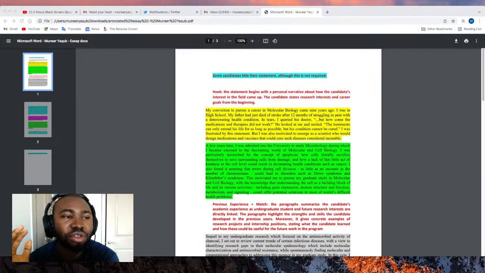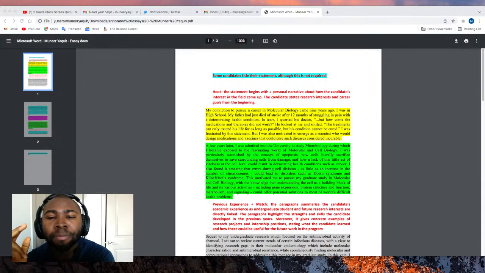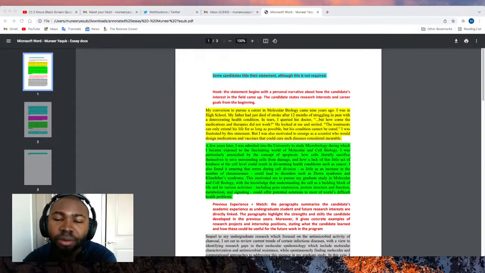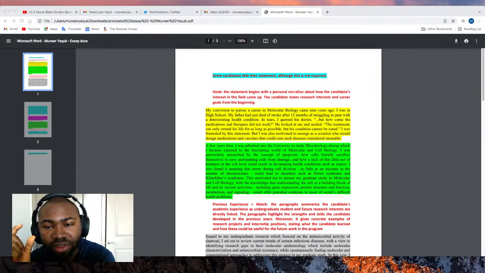If you can see my screen, those are on YouTube. My own first paragraph, I started with my story. This is a format a lot of people use, and I love it, so I used it. But it's a very tricky format to use.